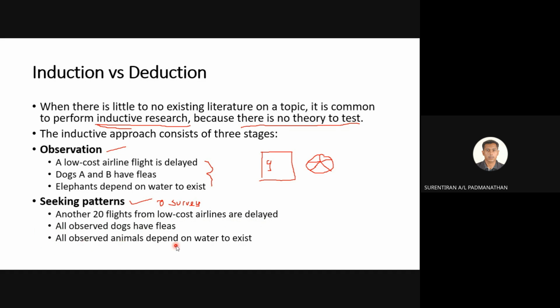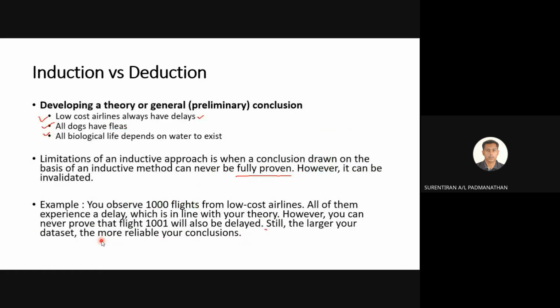All observed animals depend on water to exist. All right. So developing a theory. Low-cost airlines always have delays. Okay. All dogs have fleas. All biological life depends on water to exist. So this is like a preliminary conclusion. All right.